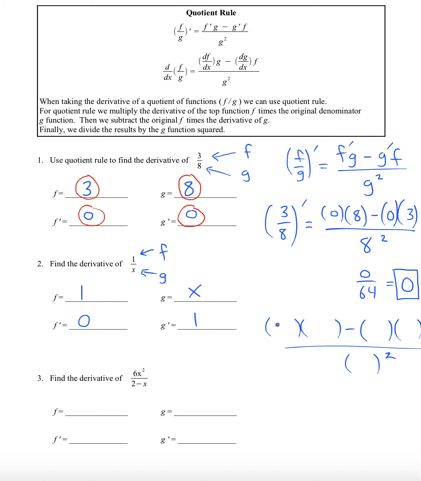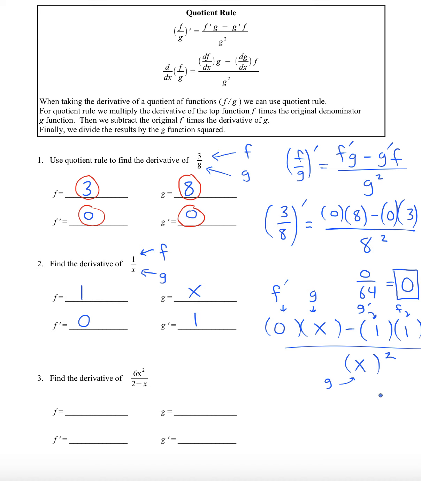Plug in our f prime and then our g. And then we'll plug in g prime and f. And then g goes down here, no derivative there, just the original g.